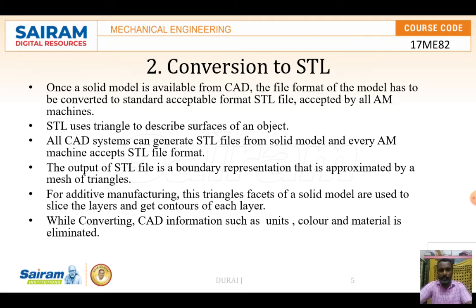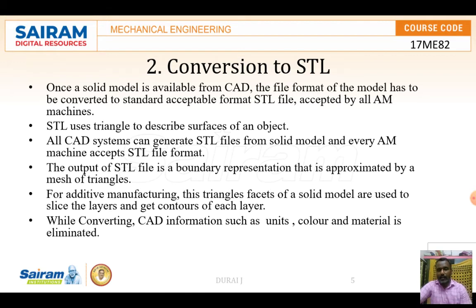So while converting the CAD information to STL, the AM machine does not require units, color, or material, so those things are eliminated here. Only the geometric information of the solid model is required by the additive manufacturing machine.